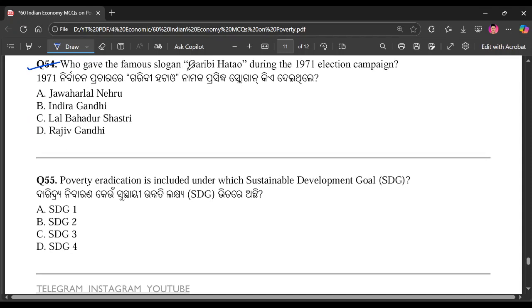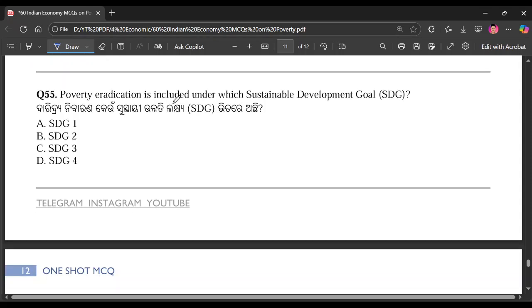Who gave the famous slogan Garib Hatao during the 1971 election campaign? Right answer is option number B. Question number 55. Poverty eradication is included under which Sustainable Development Goal, SDG? Right answer is option number A.